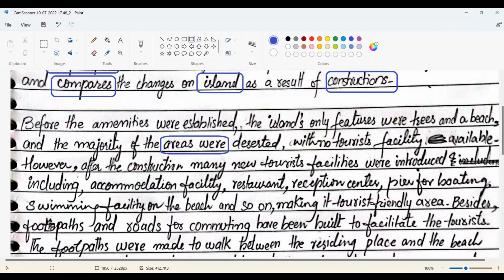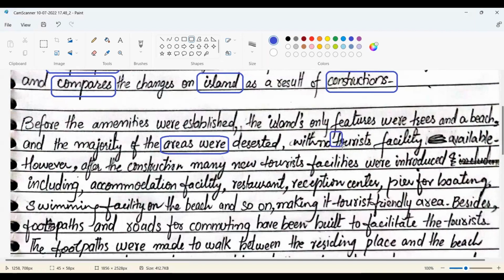Did you understand it? Yes. I mean, we are speaking of the area of this island, and this island as a whole has that one particular area that is given in the map. Okay. So we'll say area. Majority of the area was deserted with no tourist facility.